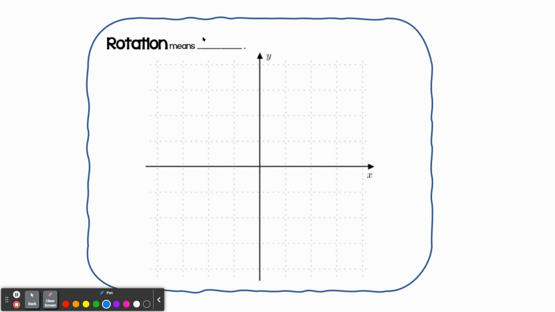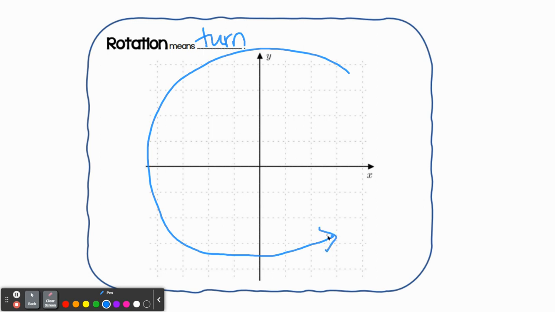Rotation. A rotation means to turn your shape. When we rotate a shape, we typically rotate counterclockwise. Let's go back over our rules. This is quadrant 1. Over here we have quadrant 2. Down here we have quadrant 3. And at the very end we have quadrant 4.